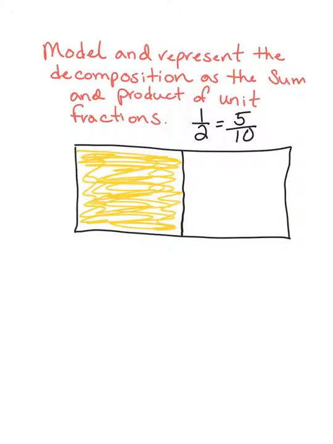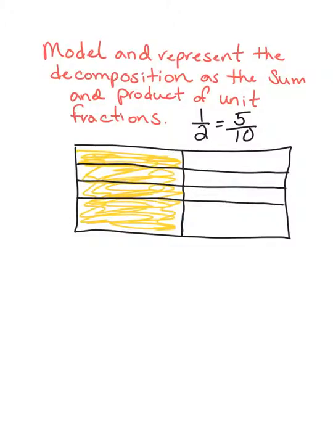Well, we are going to make 5 rows. We have made 5 rows. And now let's see if we have a denominator that shows 10 in this area model.